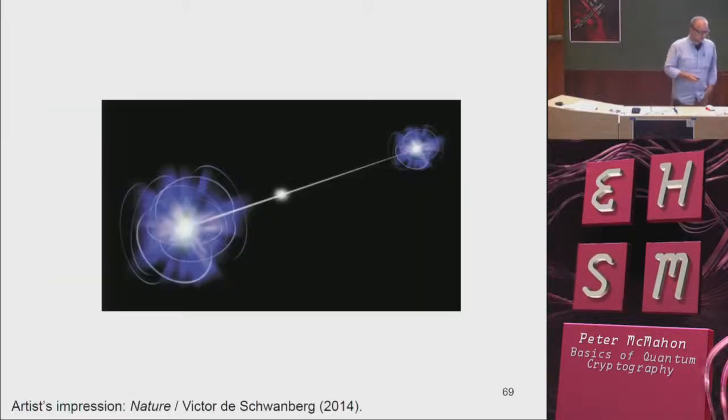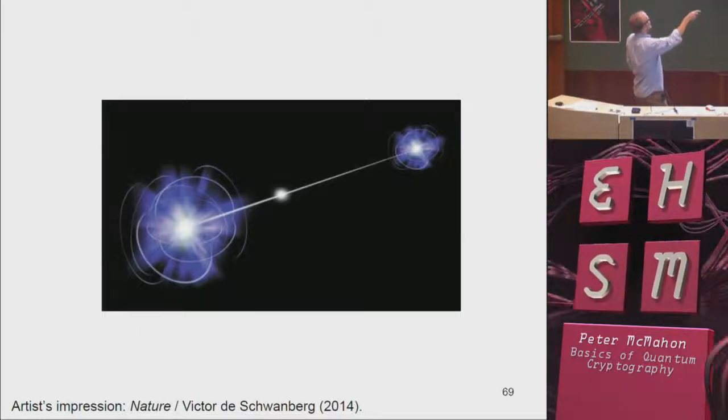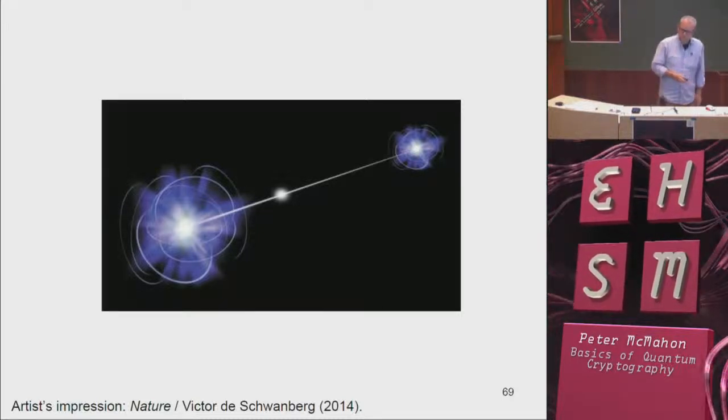That's kind of interesting. And so the sort of funny artist description of what's happening here is that somehow, even if you have a photon here and a photon here, and they've propagated away from each other, so they're separated in space, somehow they're connected, which is a very strange notion.